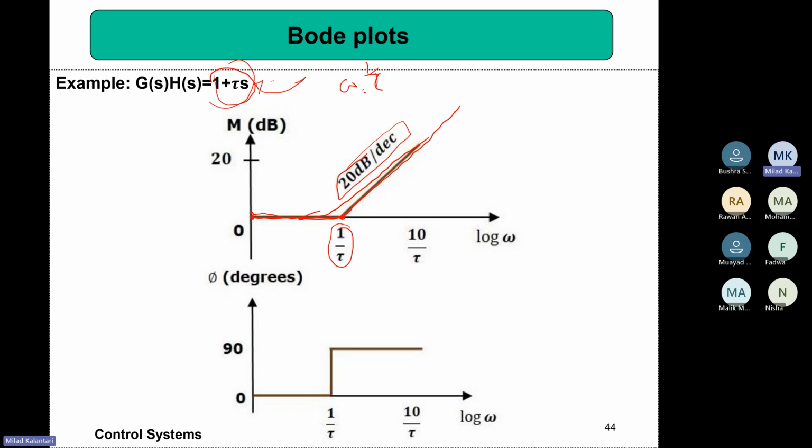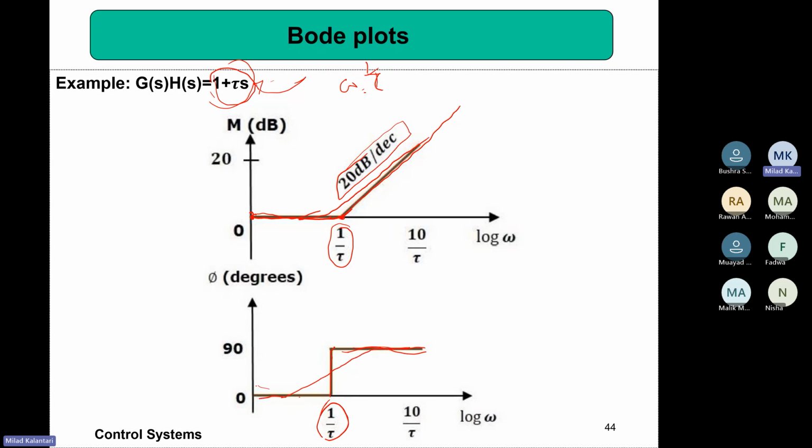And how about for the phase? The phase will start at low frequency, which is 0, right? And at high frequency, it will be 90 degrees. And this transition, in fact, we are not making this sharp for demonstrating the phase. We basically try to make it something like this.